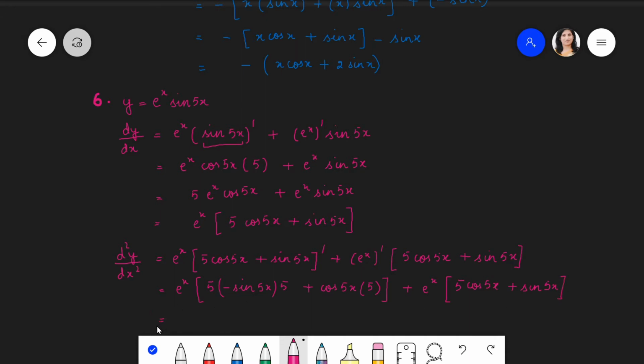So in all these terms, if we take e to the power x common, then we have minus 25 sine 5x plus 5 cos 5x. From the next bracket we get 5 cos 5x and sine 5x.